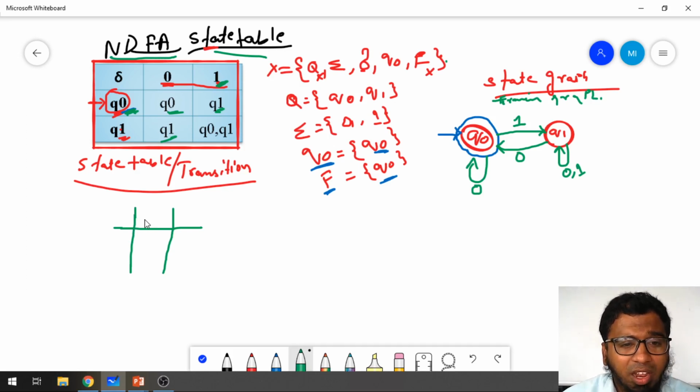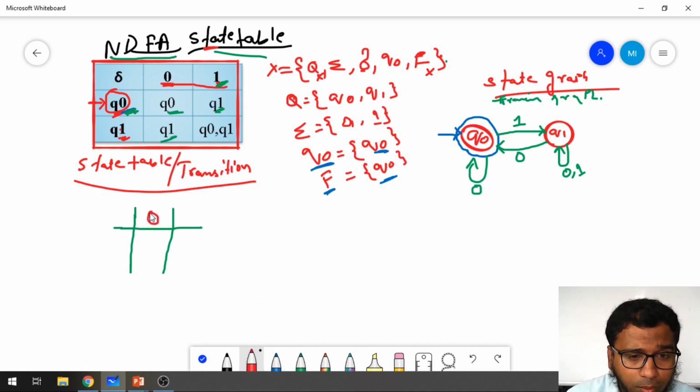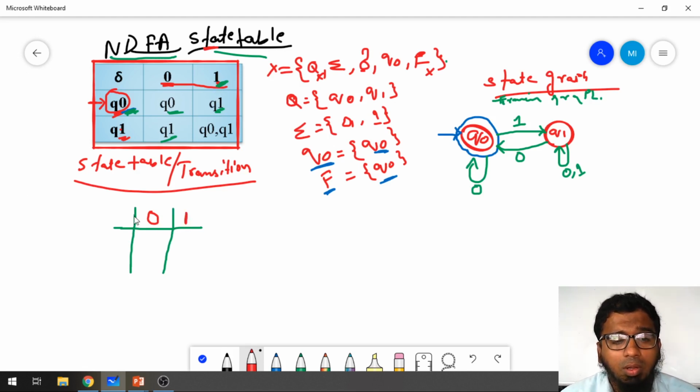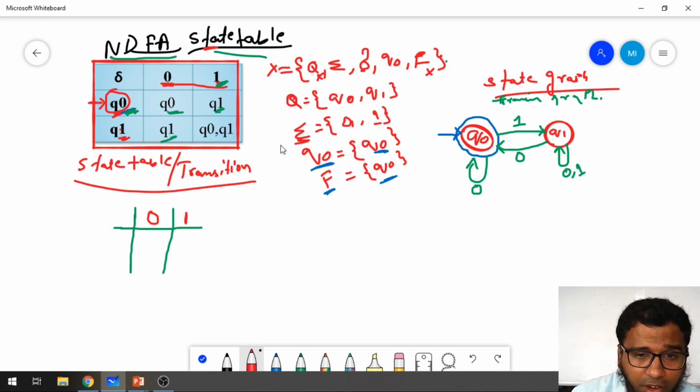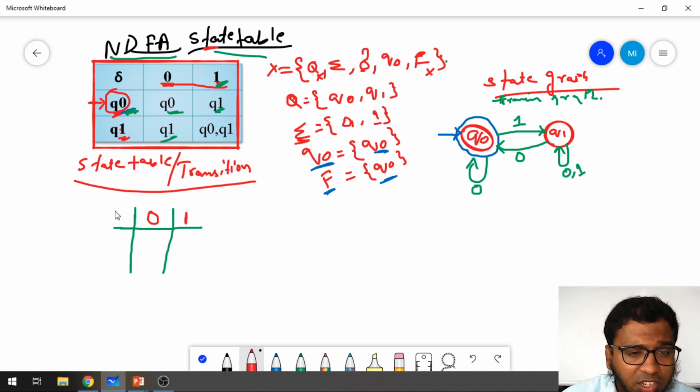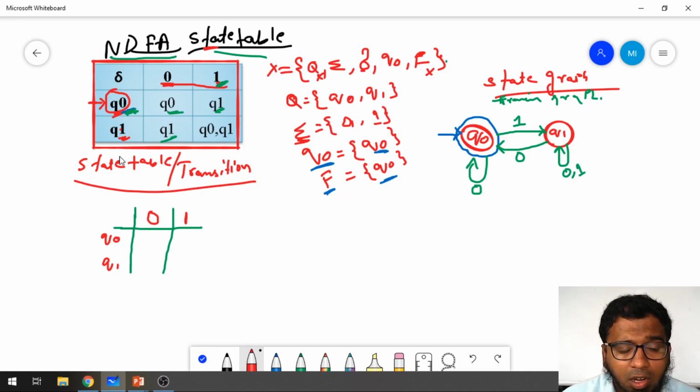What are the input symbols equivalent to the NDFA? We have 0, and here 1. Two sigmas are there. Next, what are the states? Q0 and Q1.